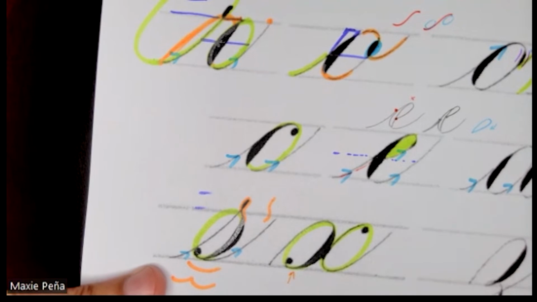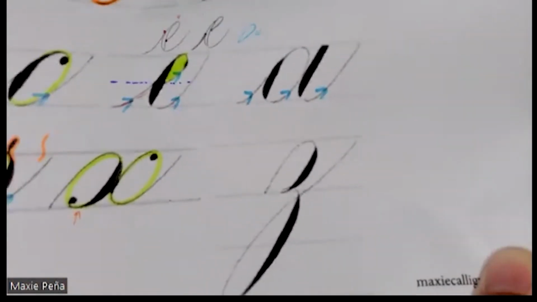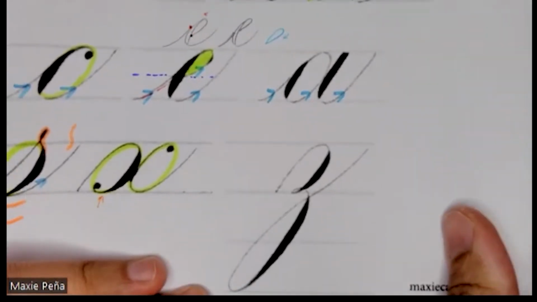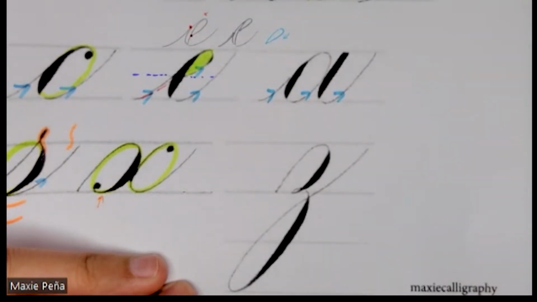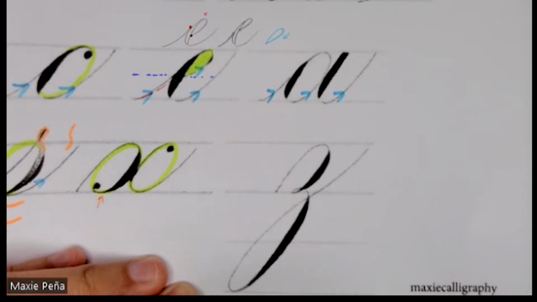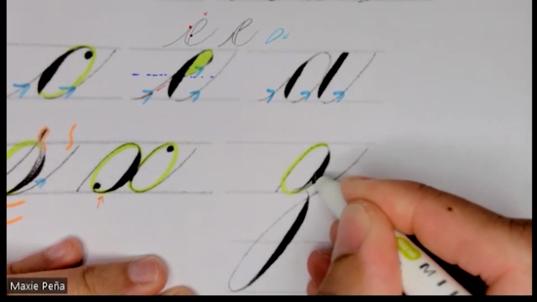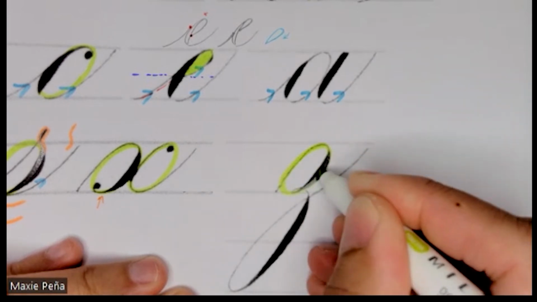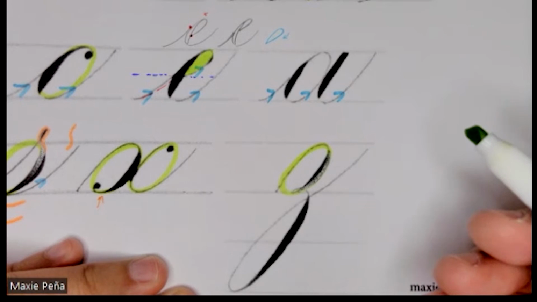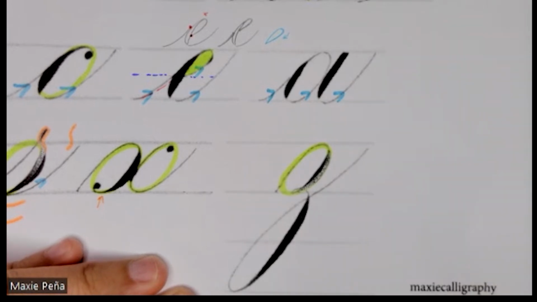Now for Z, we haven't really discussed the lower loops yet, but we'll get to that later. This is the first style of Z that we have on the page. Imagine you're able to fit the same size oval here, and this part is new, the loop that you're doing near the baseline.